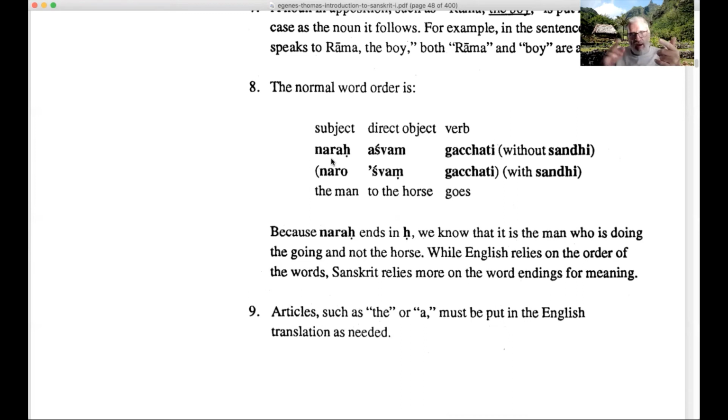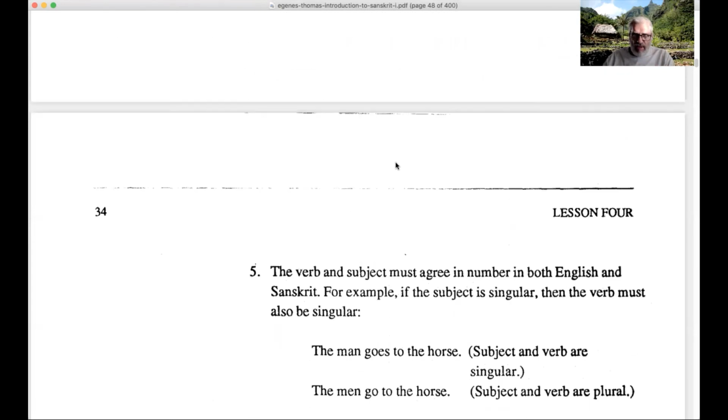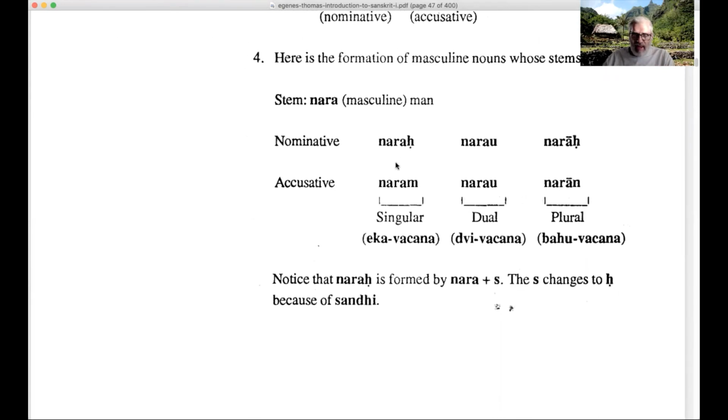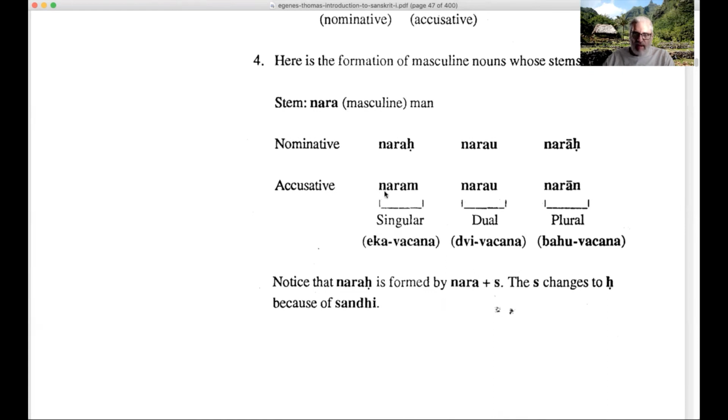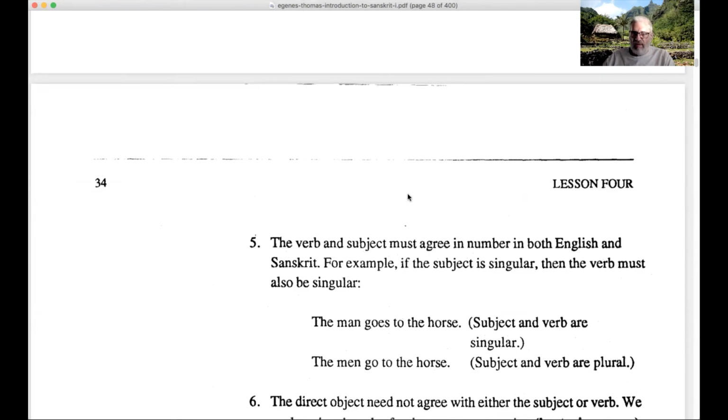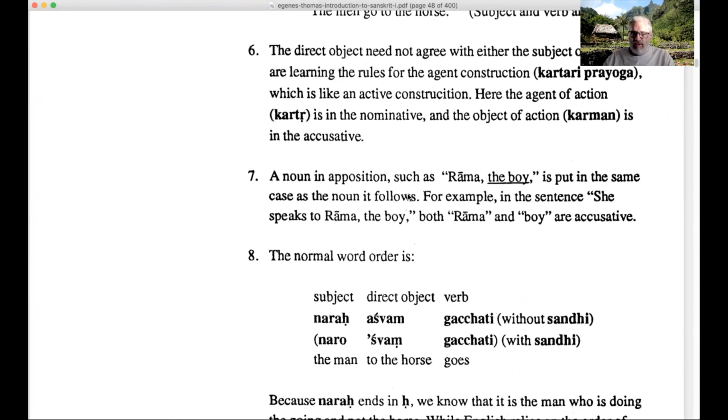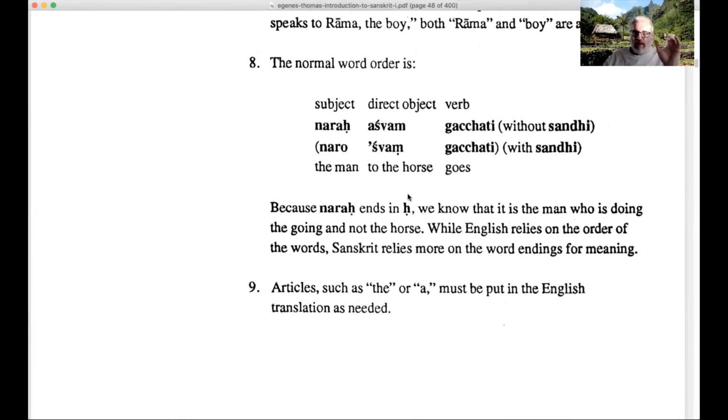Then we have Ashvam, accusative. Ashvam is the accusative singular, because the horse is the object. So nominative singular for Naraha.